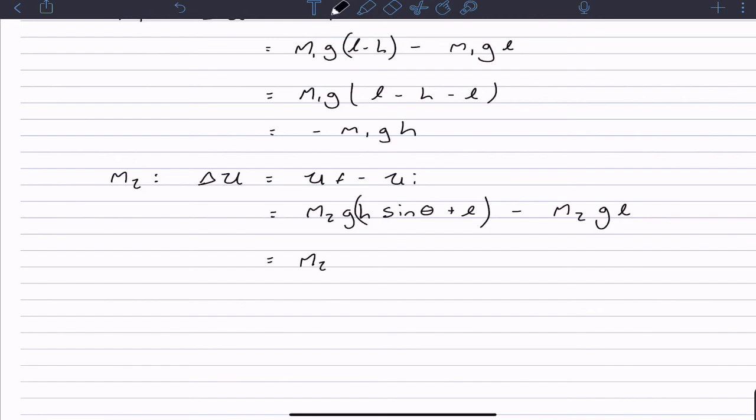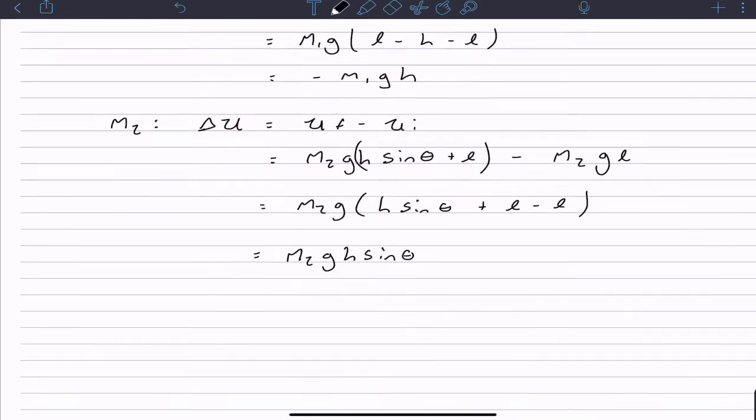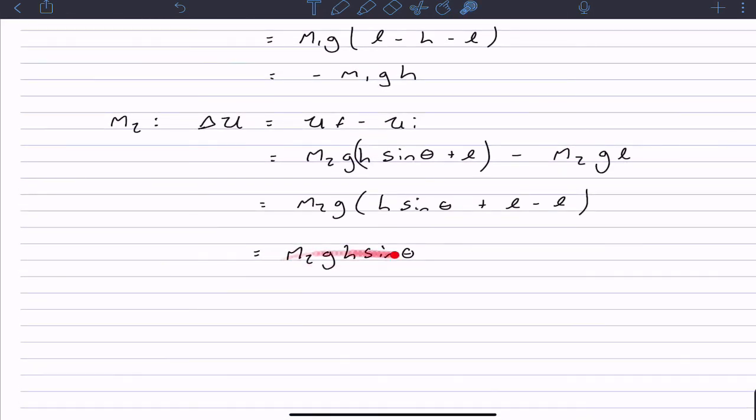It means that the change of potential has gone up a value of h sine theta, and that's it. To be more explicit, in case you didn't catch what just happened, M2G h sine theta plus L minus L. Okay, and that gives you this answer here.